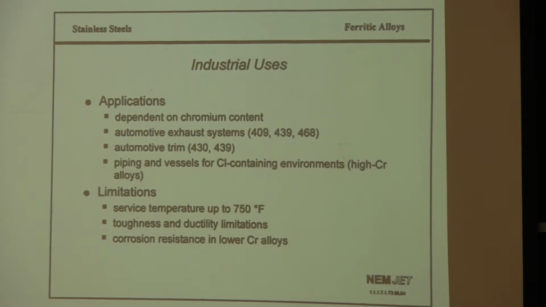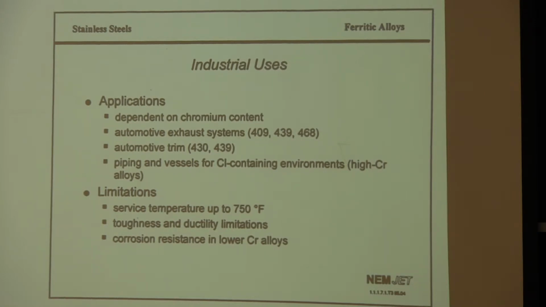Some of the limitations that you need to remember are the service temperatures, and that's because you end up forming some brittle phases in the material when you get up above 750 degrees F. Also, just because of the nature of the alloys, toughness and ductility is not quite as good as it is with the austenitic alloys.